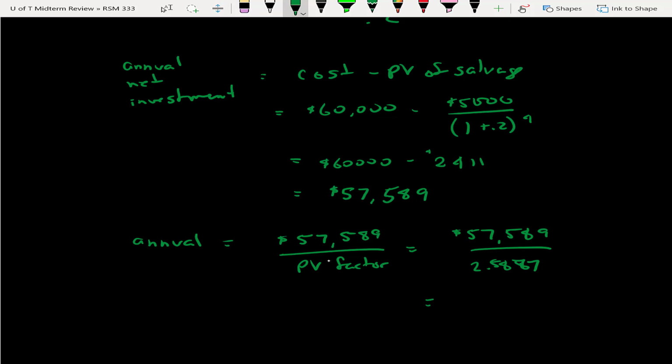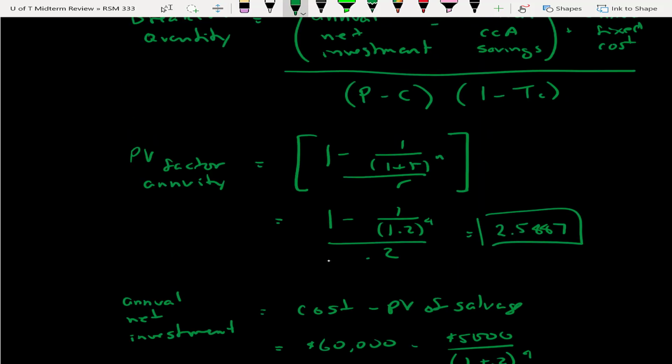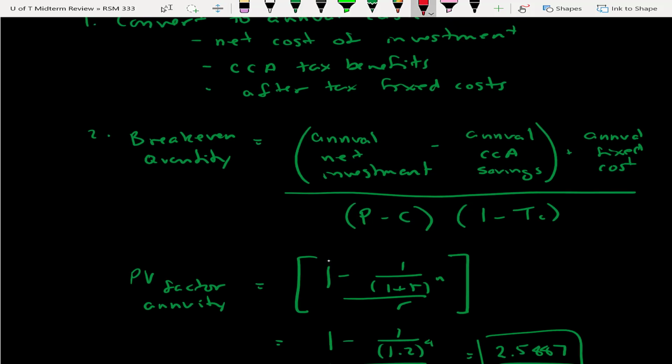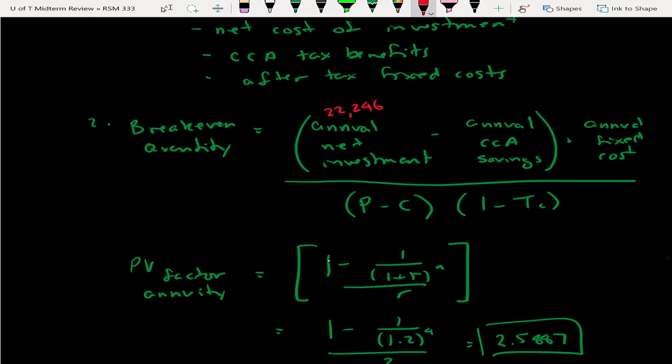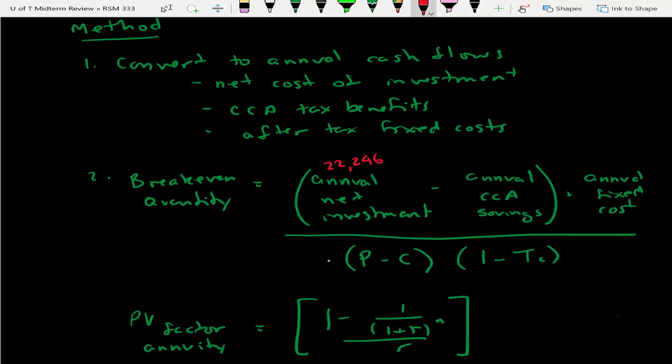The value that we get in this case is 22,246. So the 57,000 in one lump sum would be the equivalent of 22,246 per year for 4 years, if you look at the time value of money. So let's put that number up here: 22,246.